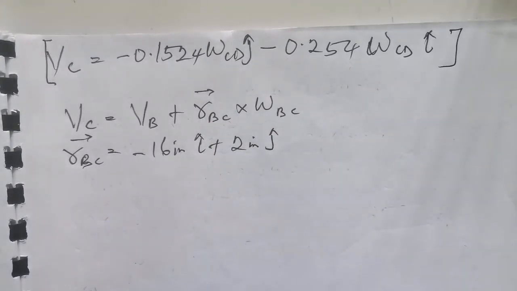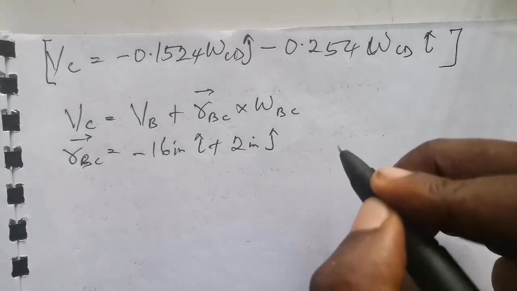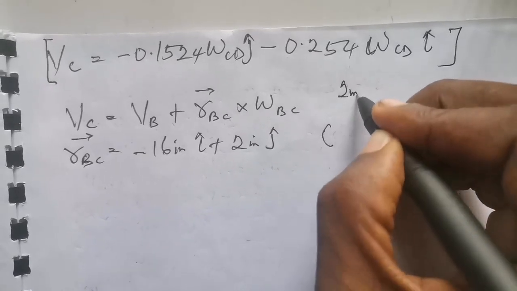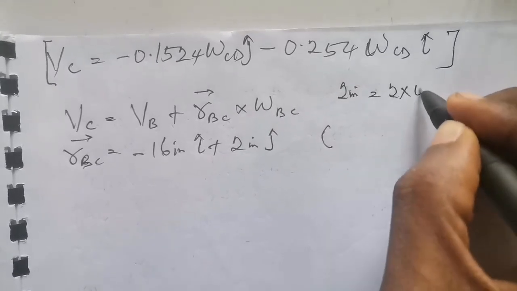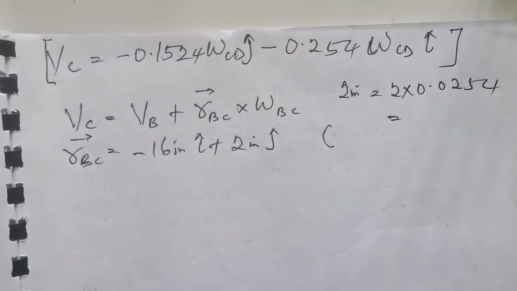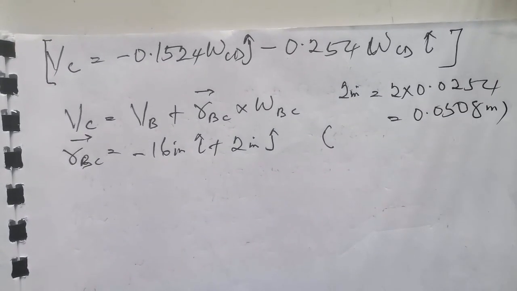Okay, so let's plug in now their converted values. Mind you, we didn't convert 2 inch, but we can simply do that. 2 inch is simply 2 times 0.0254. So we can get 2 inch in meters. So in meters, 2 inch is simply 0.0508 in meters.